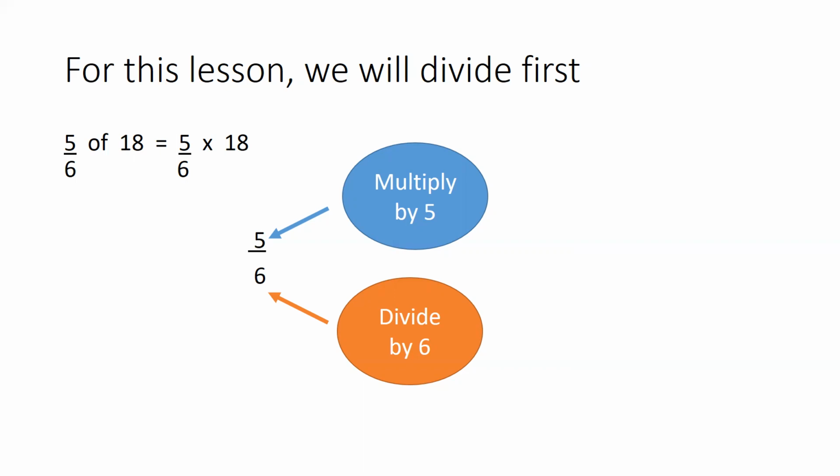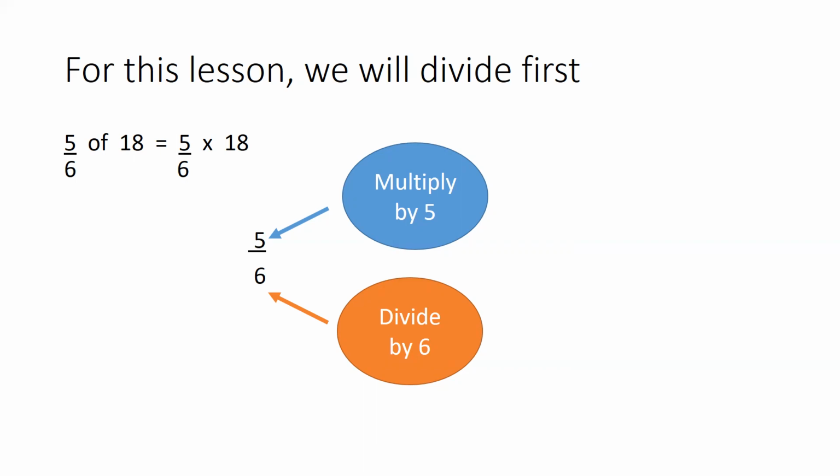So that is step 1. We divided by 6. 18 divided by 6 is 3. Step 2, we're going to multiply by 5. And let me just put this over here as well. So for my step 1, I did 18 divided by 6, which is equal to 3.